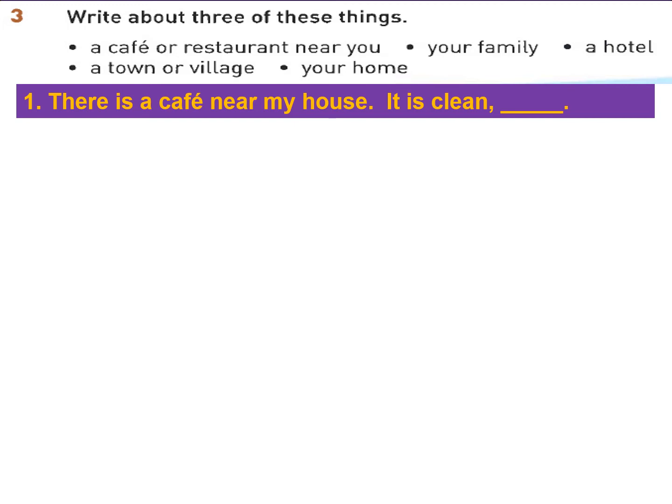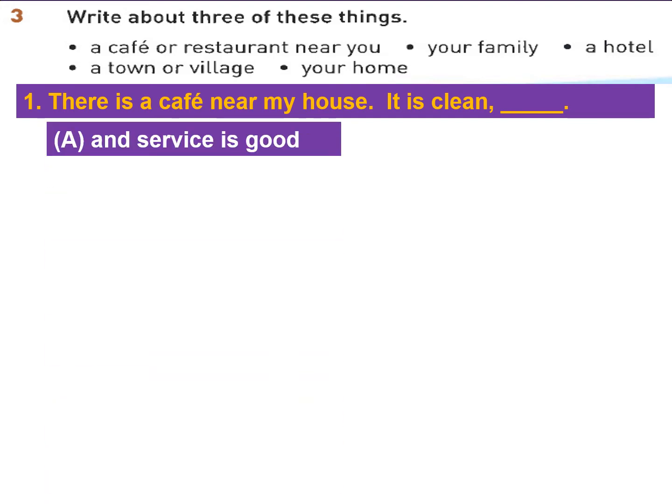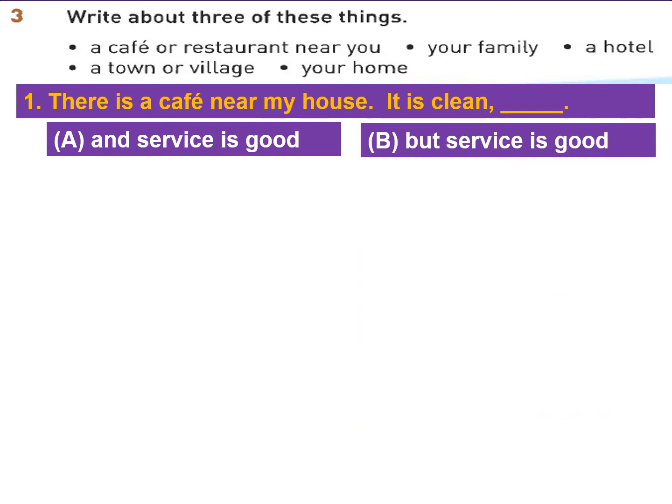There is a cafe near my house. It is clean. This is a good thing. So we could say, and service is good. So 2 good things. It's clean and the service is good. We join it with and.